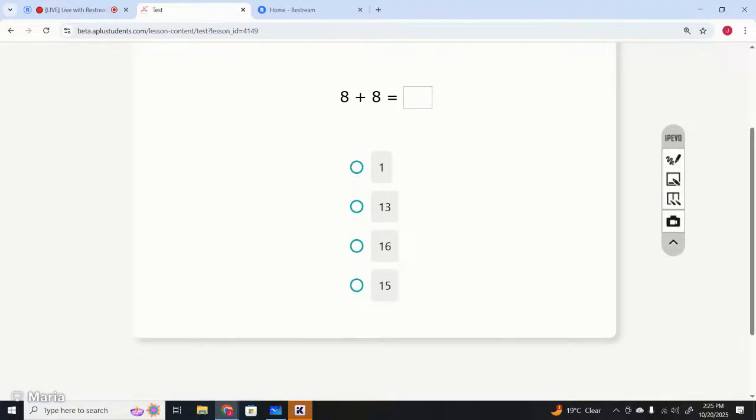8 plus 8, which is the correct option? That is 16.